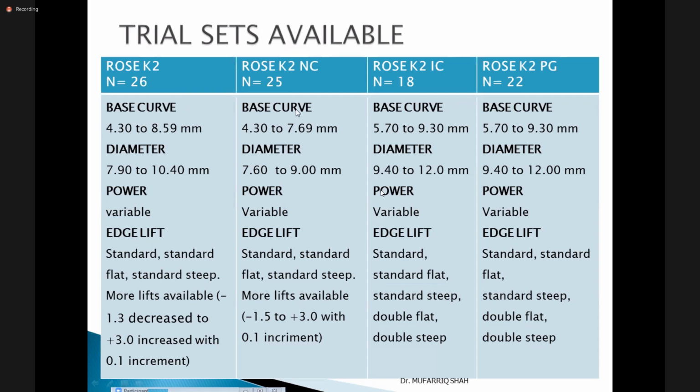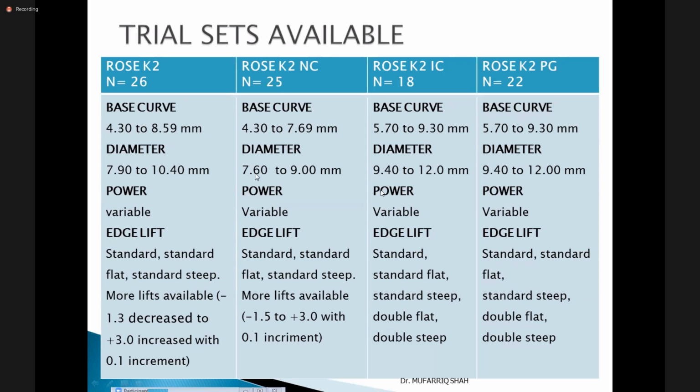For Rose K2 NC, the number of lenses is 25, and the base curve ranges from 4.3 millimeter to 7.69 millimeter. Since these are usually very steep and advanced, in case of Rose K2 lenses the base curve went up to 8.59, but in case of NC, the base curve goes up to 7.69.